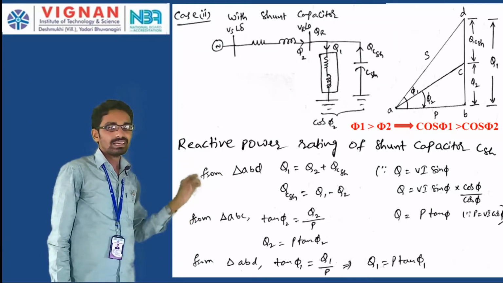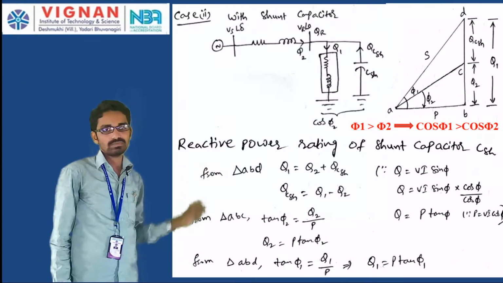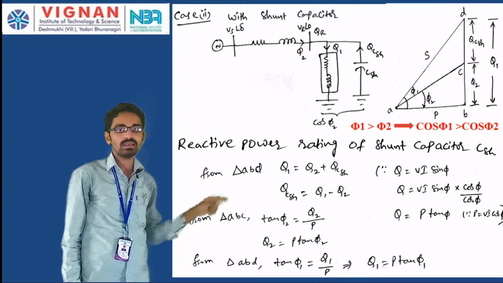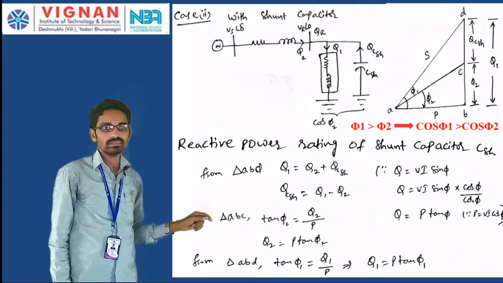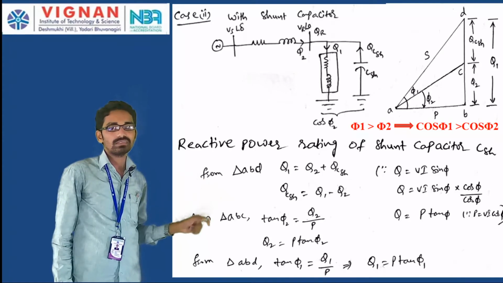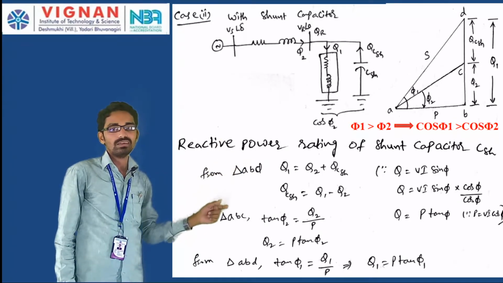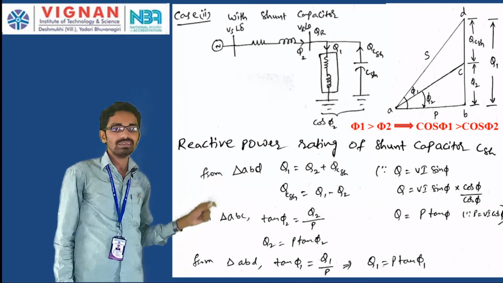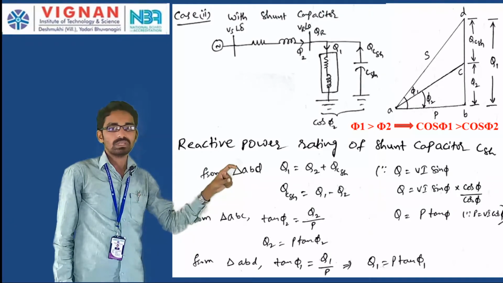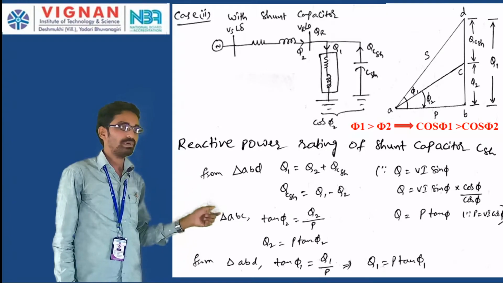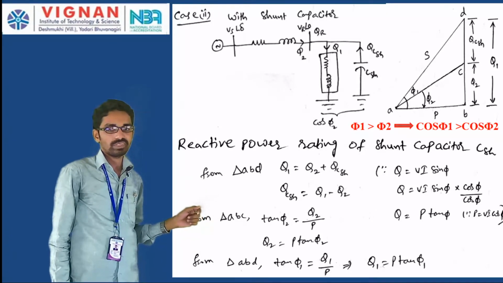So, from the triangle ABC, that is the smaller triangle ABC, you are having the angle phi 2, right. If I write tan phi from that triangle, then you are going to get Q2 by P, that is, tan is opposite side by adjacent side, that is Q2 by P. You are going to get Q2 value as P tan phi 2, right.